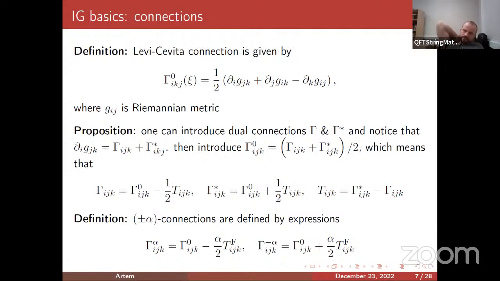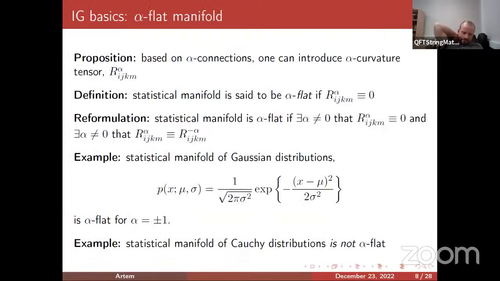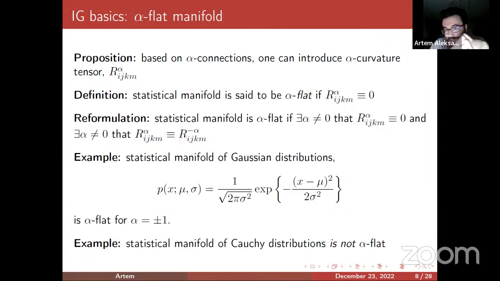This condition of vanishing of the Riemann tensor reminds me a bit of the vanishing of the beta function for sigma models. To be honest, I do not understand properly the features of alpha flat manifolds.